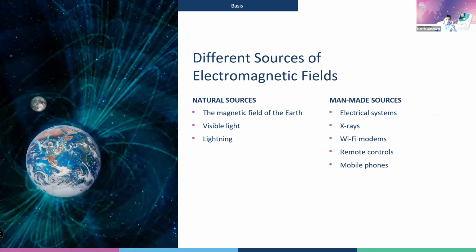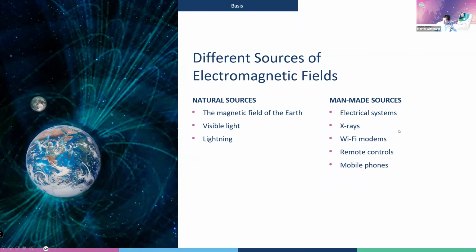Of course, there are different sources of electromagnetic fields. You have natural sources like the magnetic field of the Earth. Everyone knows about it. That's why we can stand and not fly around on the Earth, because there's a magnetic field that pulls us to the Earth downwards. Then we have visible light, which is also an electromagnetic field, and lightning, of course.